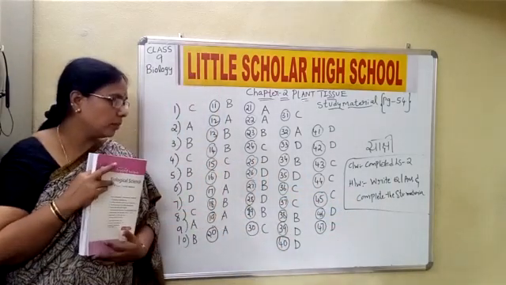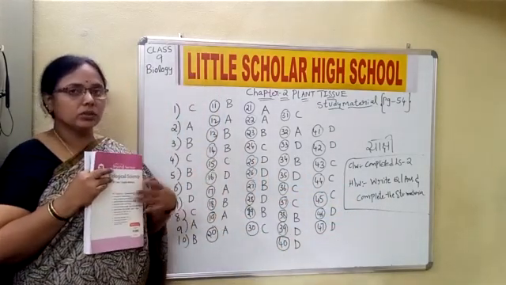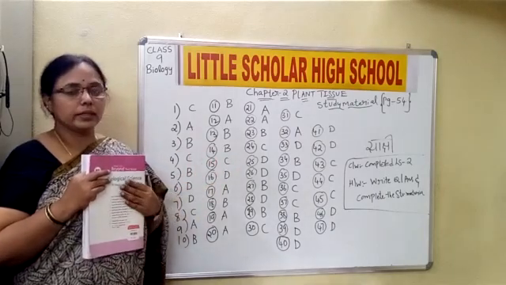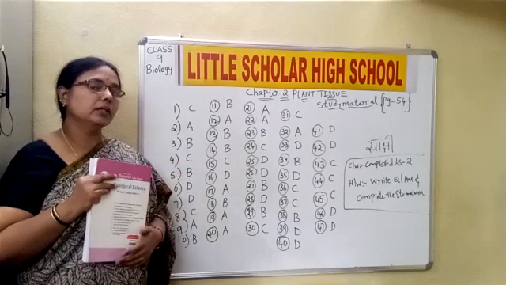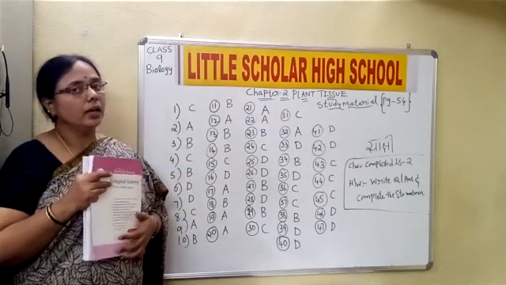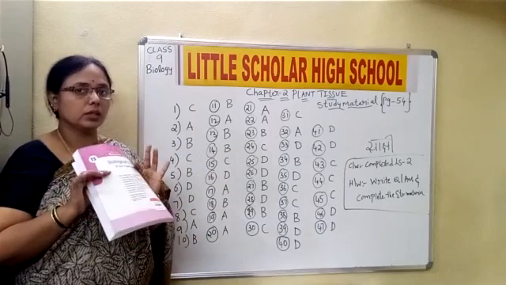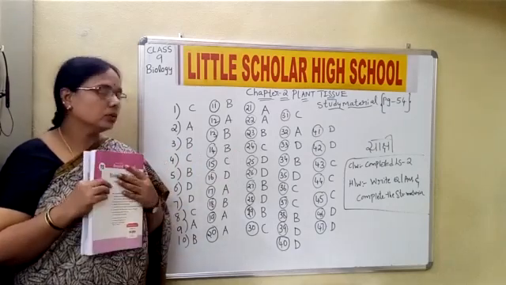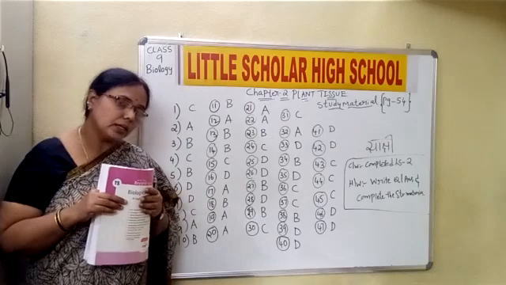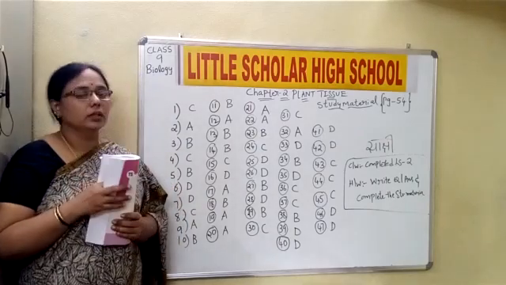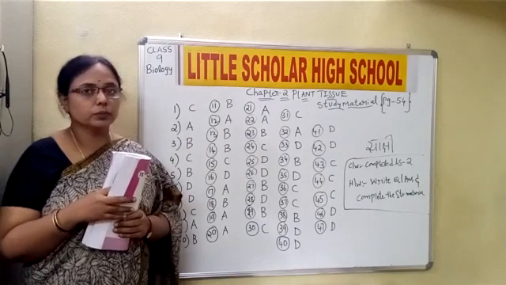If anyone has not marked any of these questions, please check and mark the correct answers. Please complete the question answers in classwork and the text study material in the book. Until we start our next lesson, please go through this and complete your writing part also. Thank you.